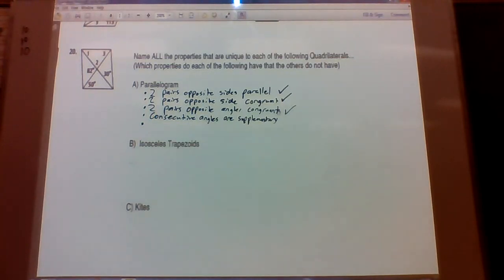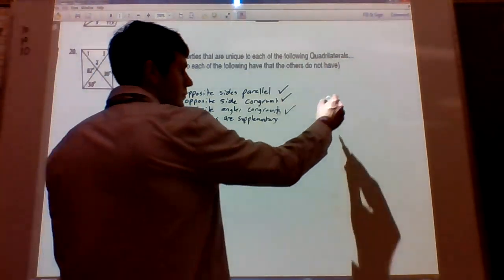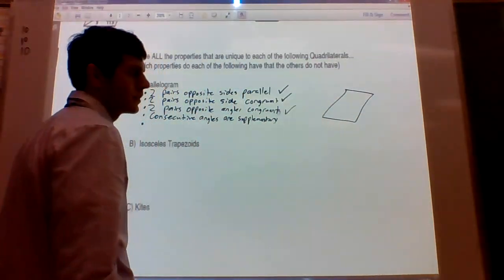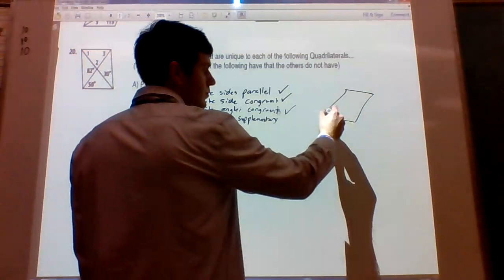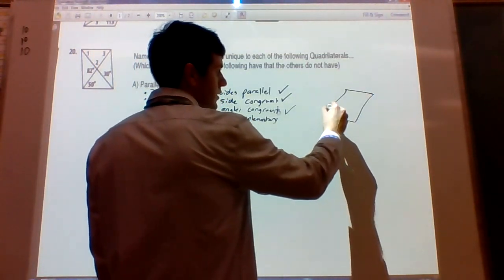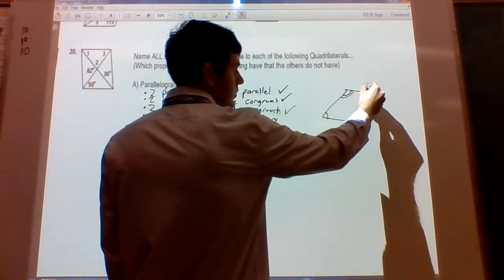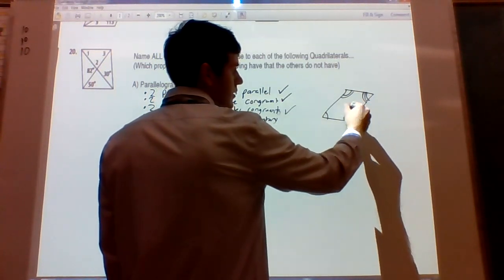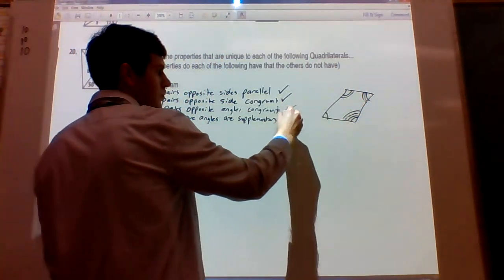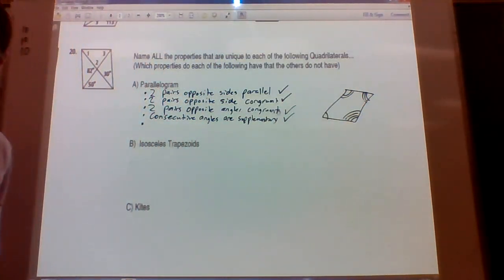But in the parallelogram, all consecutive angles, no matter which ones we pick, here and here, supplementary, supplementary, supplementary, supplementary. So this is a unique property of parallelograms.